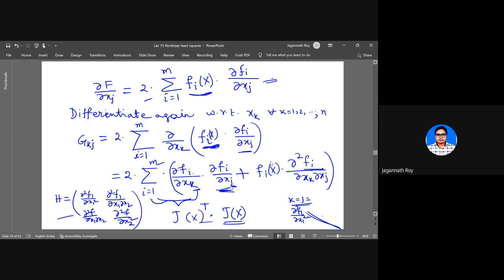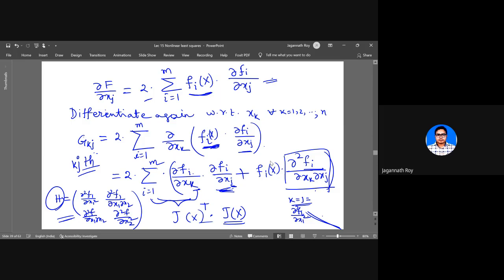So this is the Hessian matrix. But this is a more generalized case that we are considering. So the kj-th entry, the kj-th element of the Hessian matrix for this case is this one.